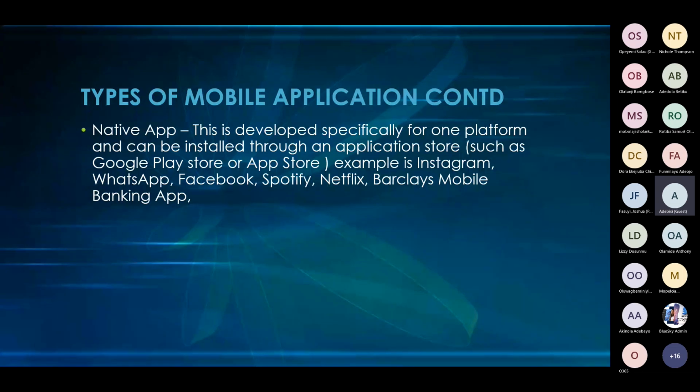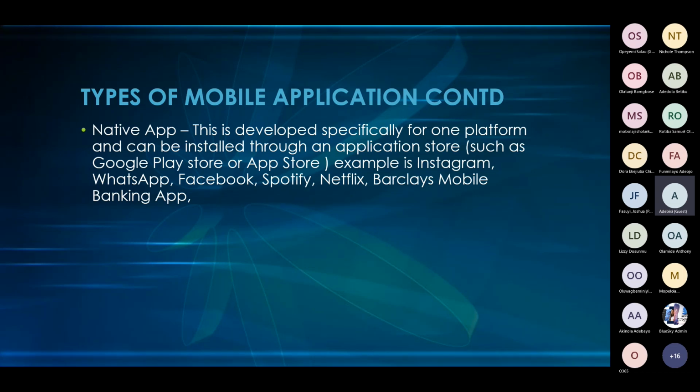Examples of native apps, we have them so much. Your banking applications like Barclays, NatWest, you have to download and install these particular applications on your phone. Facebook, you have to download on your phone. Spotify, Netflix, you have to download.